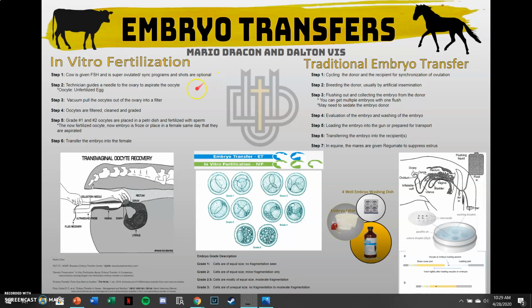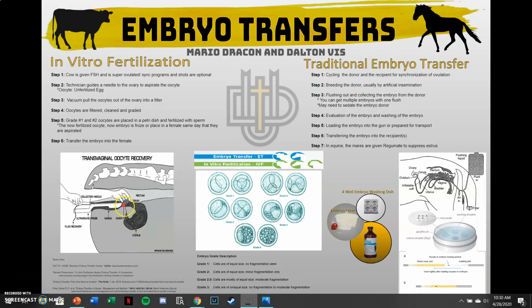Step two, the technician guides the collecting needle here vaginally by ultrasound, which is done rectally. So this diagram kind of shows how it's done. The collecting needle here is going in vaginally while they're ultrasounding here rectally as well. And the unfertilized oocyte is aspirated by a vacuum and fluids.